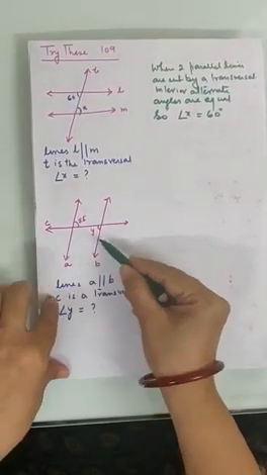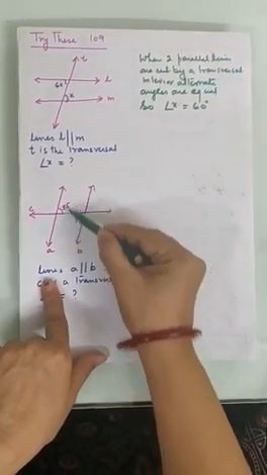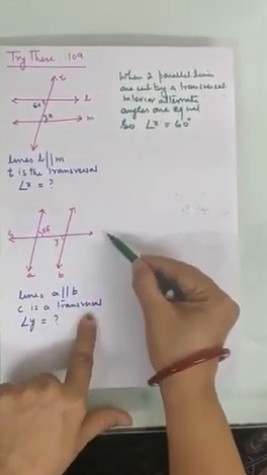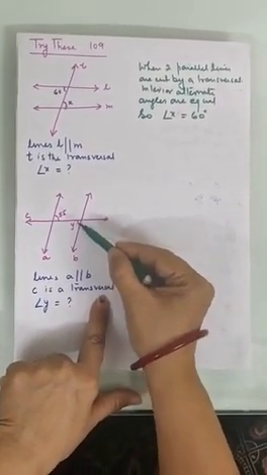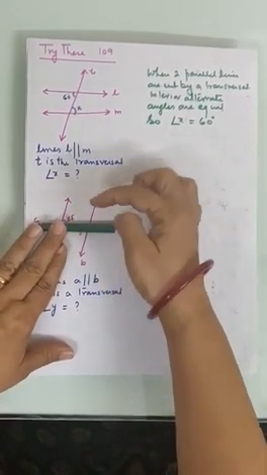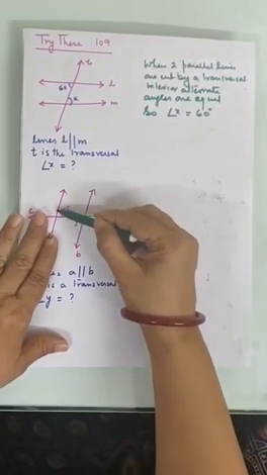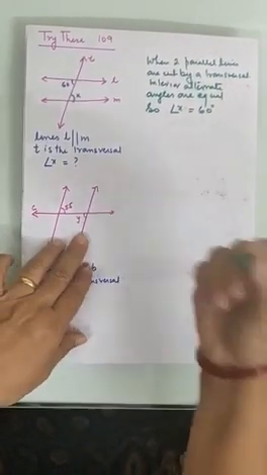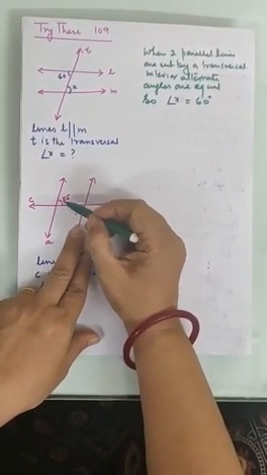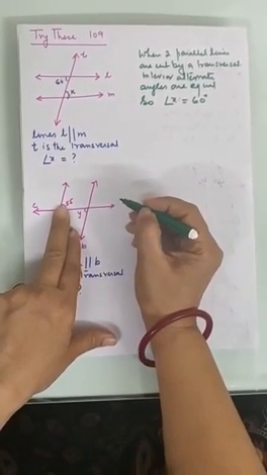Now let's see the second figure. It is given lines A and B are parallel. These are two parallel lines. C is the transversal. We have to find out angle Y. Now see here, these two parallel lines are cut by the transversal. So these angles are what? Alternate angles. They are lying on opposite sides of the transversal. And when the lines are parallel, what happens? Interior alternate angles are equal. So we say angle Y is 55 degrees.